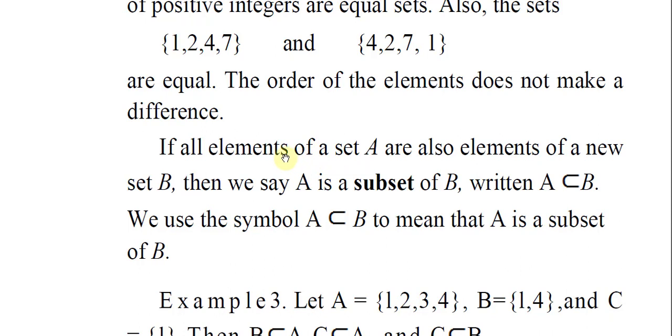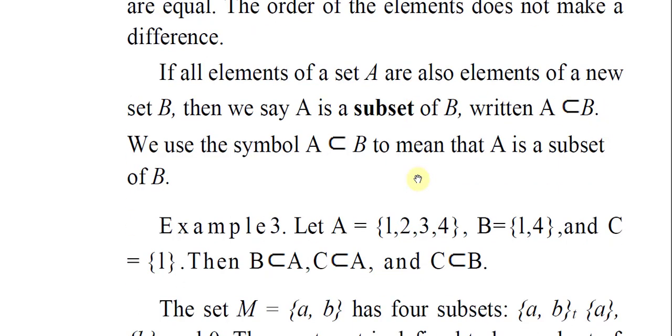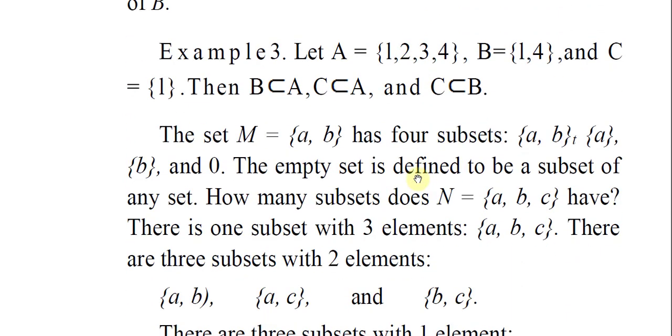Subset. If all elements of a set A are also elements of a set B, then we say A is a subset of B. And we write it with this symbol, A subset of B. Example number 3.